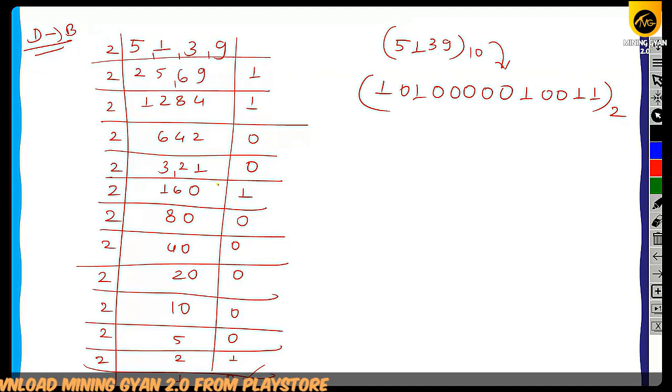Now suppose you want to convert decimal numbers into octal or hexadecimal numbers, then also follow the same process. So suppose the next conversion is from a decimal number into an octal number.